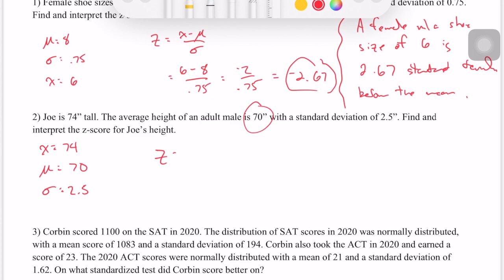Anyway, z is going to equal x minus mu over sigma. Let's go ahead and substitute. I got 3 pieces. That's 4 over 2.5. That's 1.67.